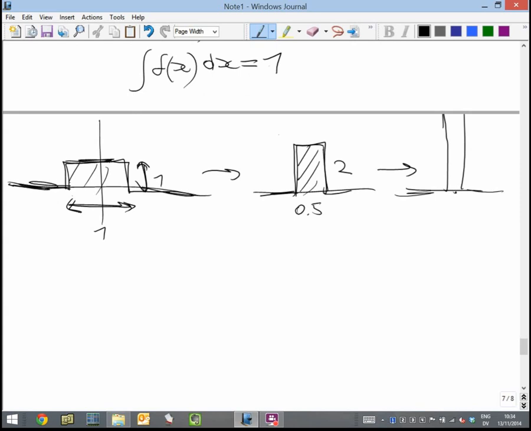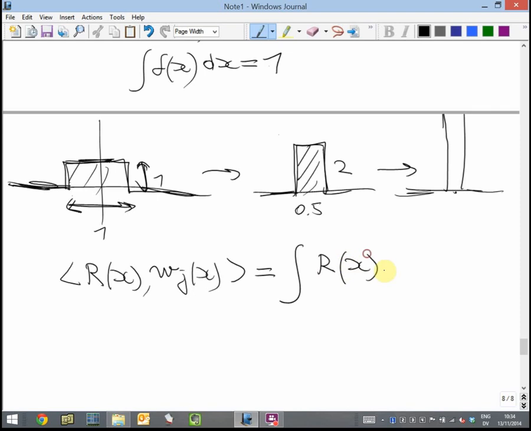If I now apply my weighted residual methods, I need to impose the fact that my residual is orthogonal to my weighting function. So typically our definition of scalar product involves an integral, and let's now put our weighting function equal to, for simplicity, a delta function, not a delta function at the origin, but at the point xj.